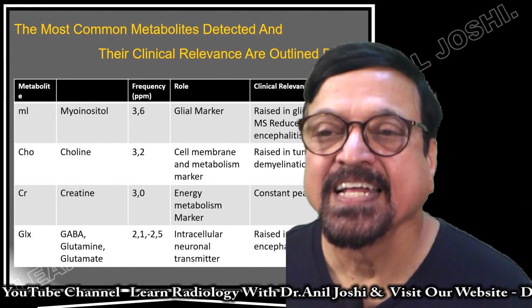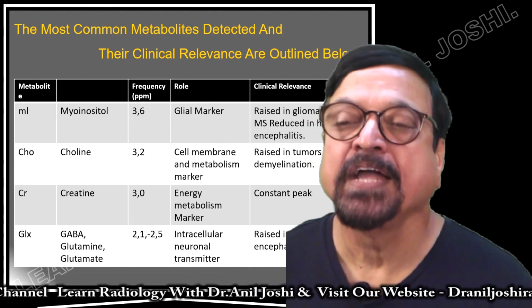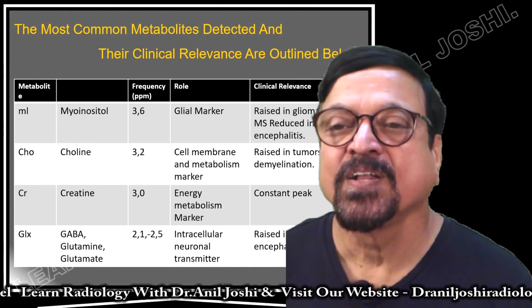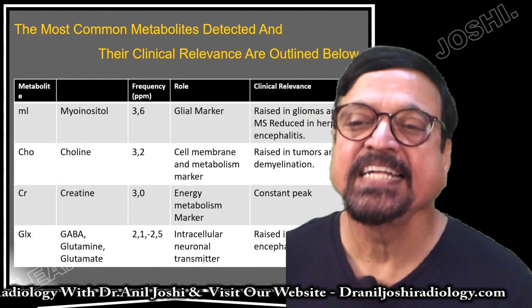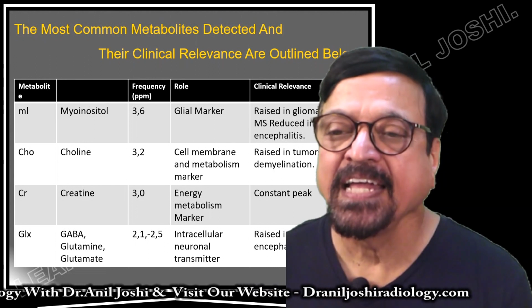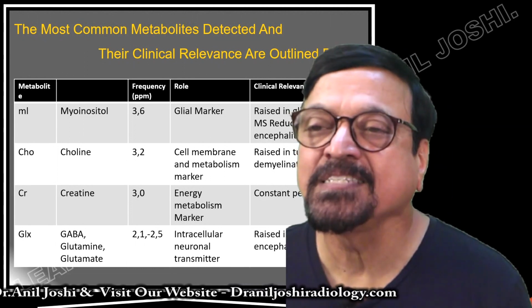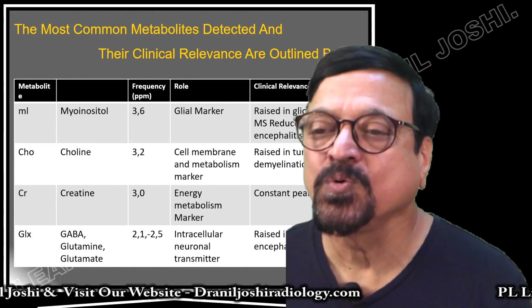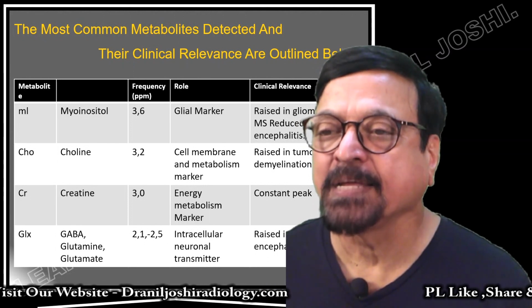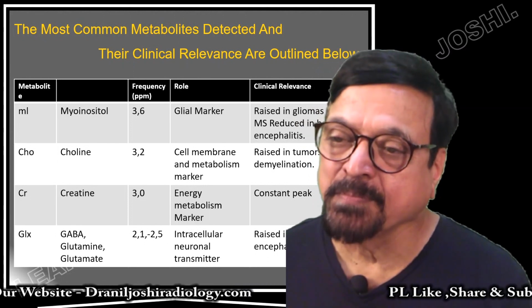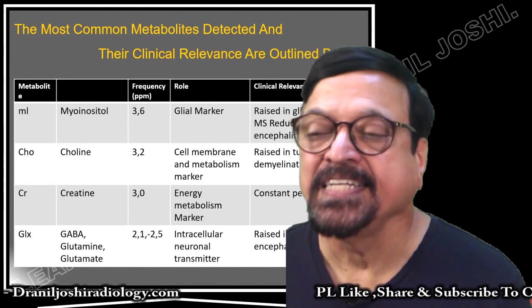What this table says: on the extreme left there are short forms: myo-inositol, MI, choline, CHO, creatine, CR, and GLX, glutamine and glutamate, and GABA. Then there are the frequencies in ppm, 3.6 to 2.1, and their role as glial markers, cell membrane and metabolism, energy metabolism markers, and intracellular neuronal transmitters in GABA.